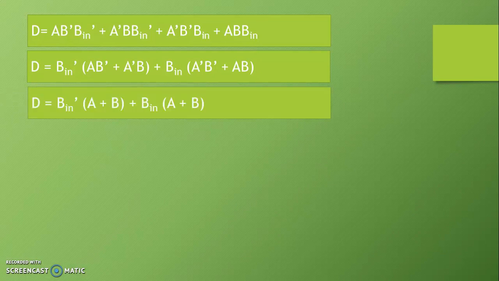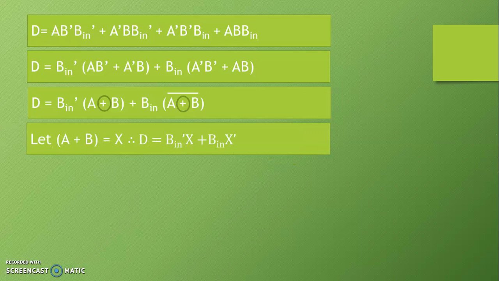So we can write difference D as B in bar times A exclusive OR B plus B in times A exclusive NOR B. So again, if we introduce A exclusive OR B as X, then our equation for the D becomes B in bar X plus B in X bar, and this equation also indicates again an exclusive OR gate.